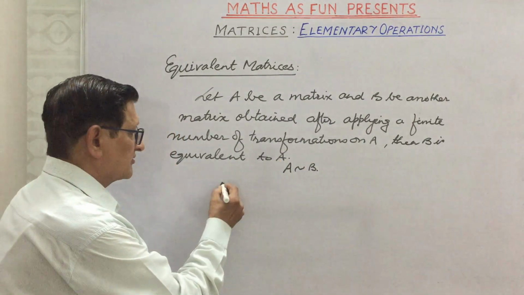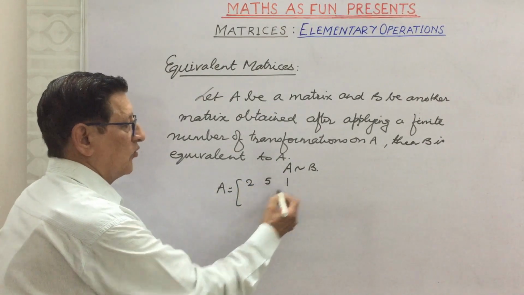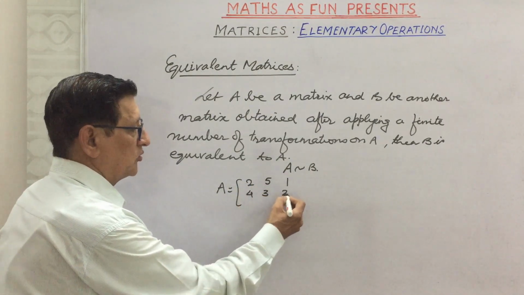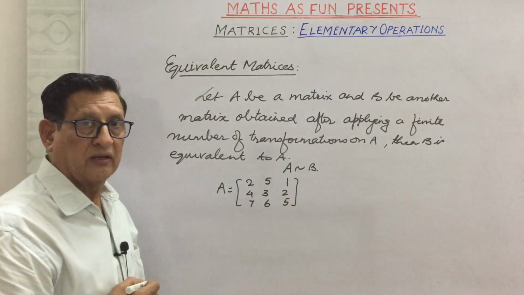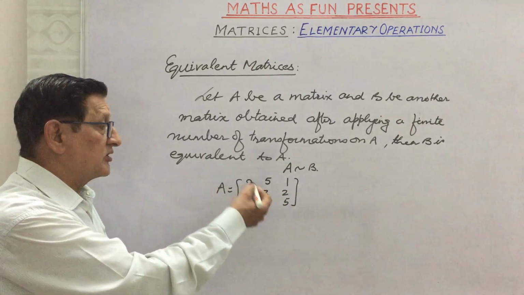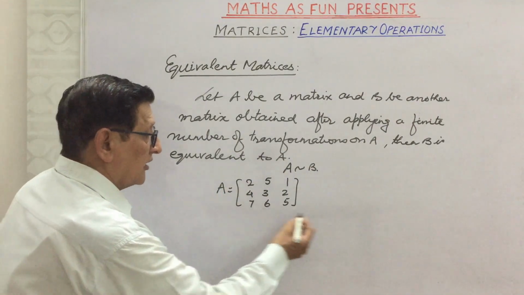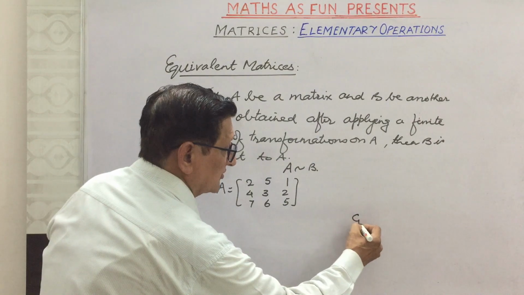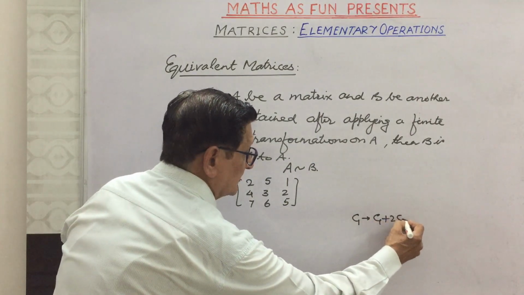Suppose we have a matrix A, the elements in this are 2, 5, 1, 4, 3, 2, 7, 6, 5. And we perform the operation in this, that is, we are performing the operation in C1, that is C1 plus twice of C2.